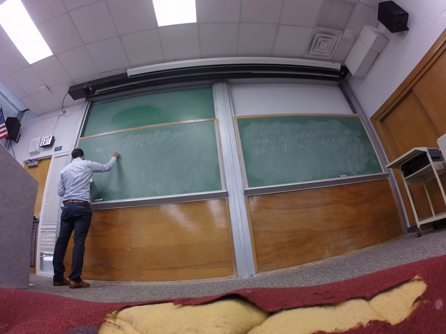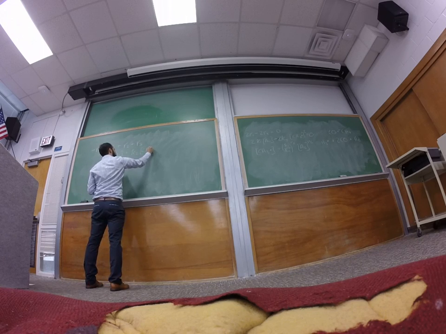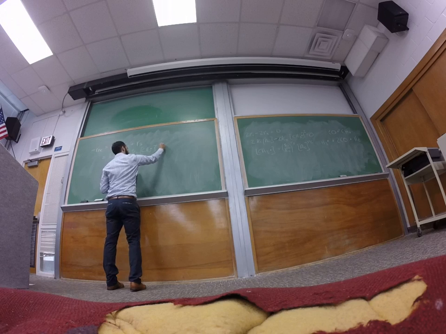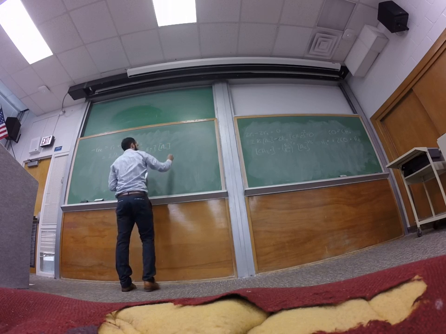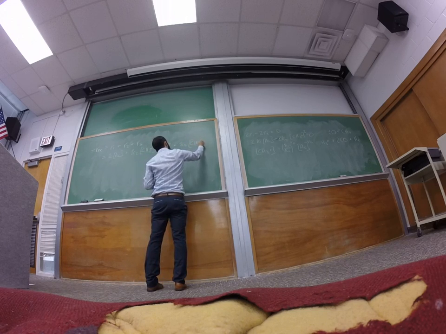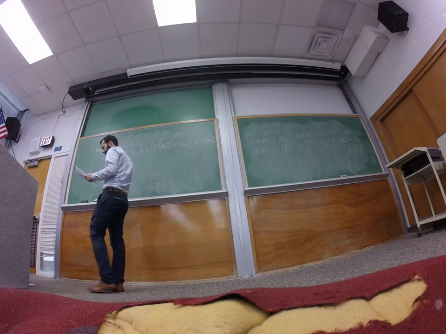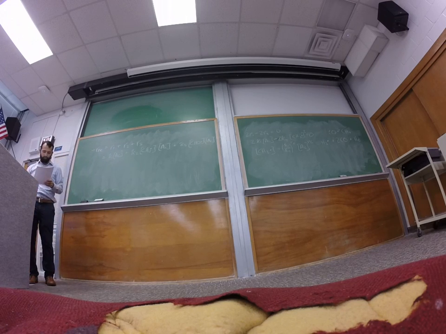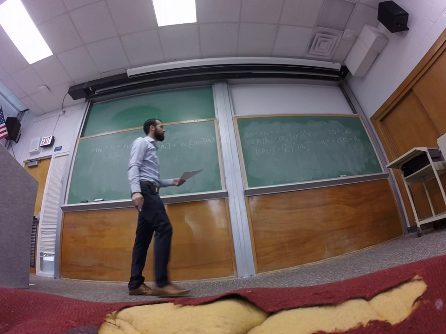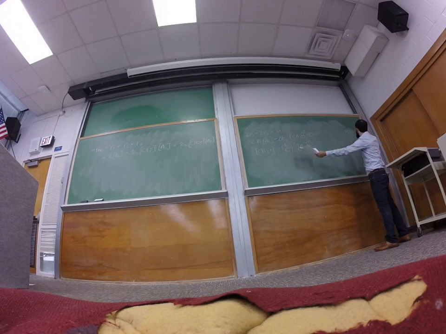K1 times acetaldehyde plus K2 times the methyl radical times acetaldehyde plus K3 times the formyl radical times acetaldehyde. So we now have an expression for the methyl radical.